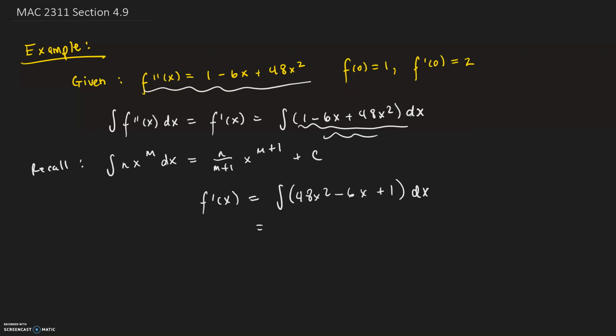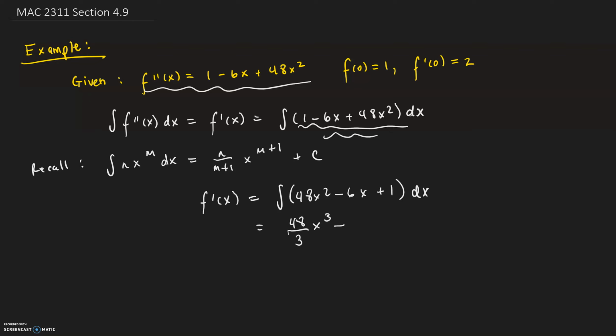So for the first term, this 48x squared, in this case, n is 48 and m is 2. So the antiderivative of the first term is going to be 48 over 2 plus 1, which is 3, and then x to the 2 plus 1, x cubed. And then the same thing for the second term.